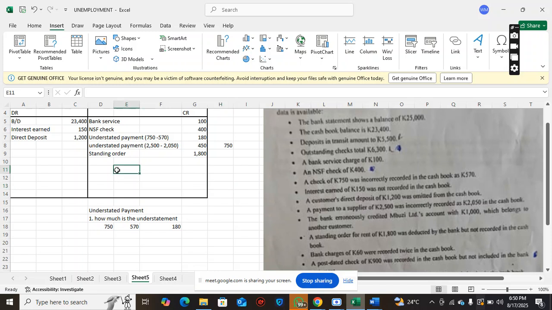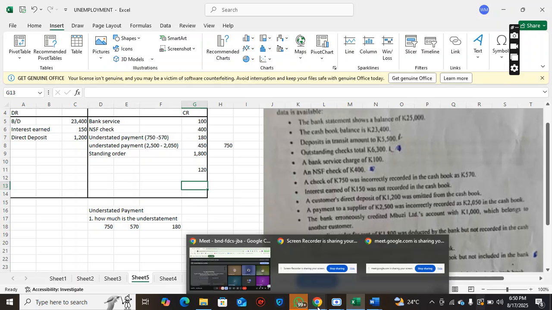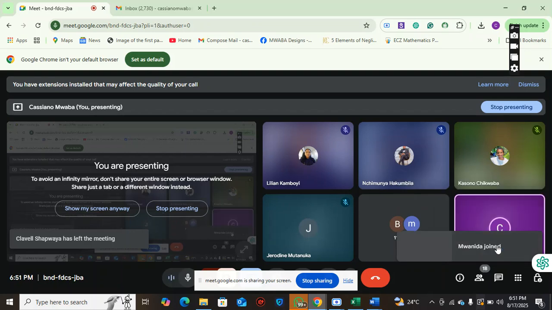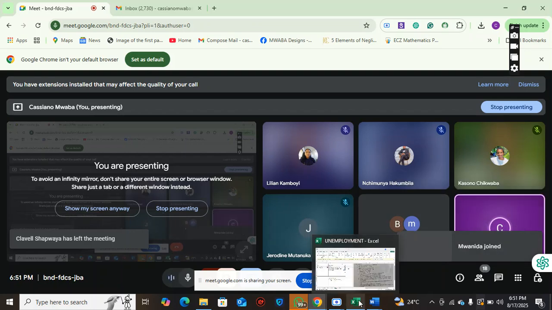Bank charges, take it like this: initially they come on the credit side, because they are payments. Now, instead of 60 kwacha, they've put 120 kwacha. So how do we correct this error? If you credit, you're making the error even worse, right?